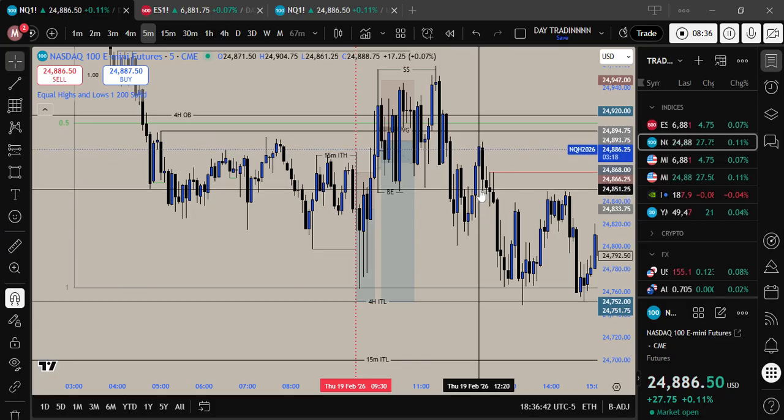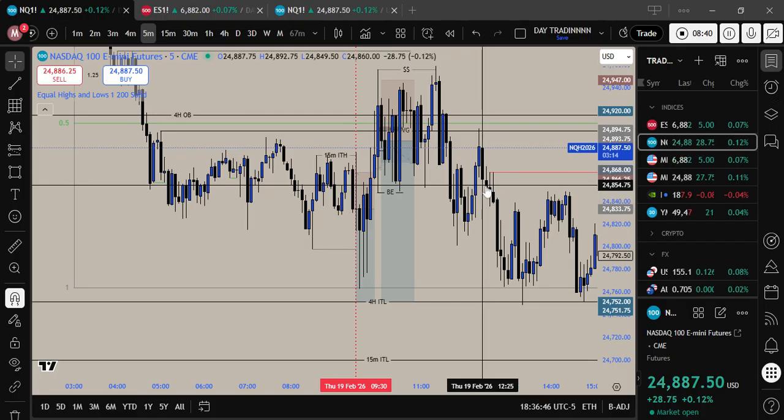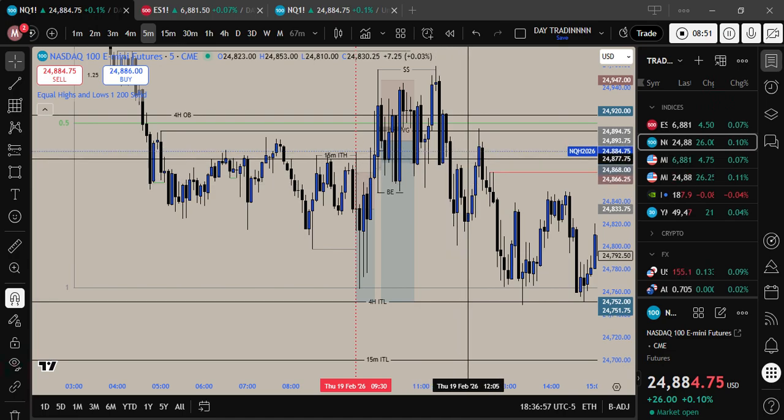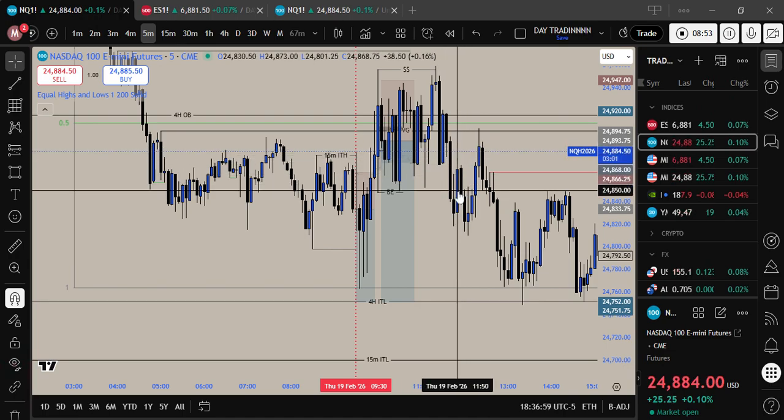I was thinking of taking it. I know Daji took it. But the only reason why I didn't take it was because we inversed this 5 minute gap to the left. If we didn't inverse, I would take it, but we did inverse. So I was kind of like, I don't know.